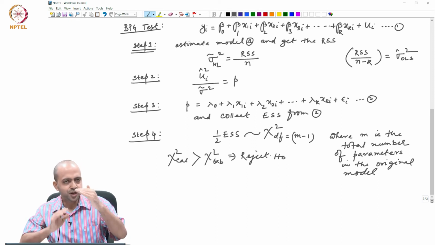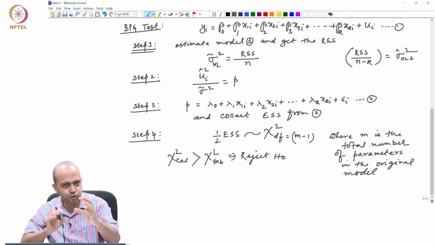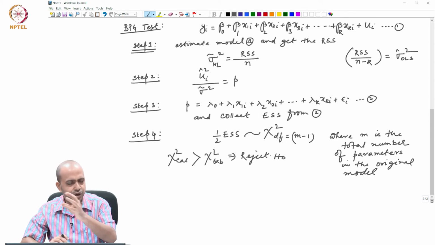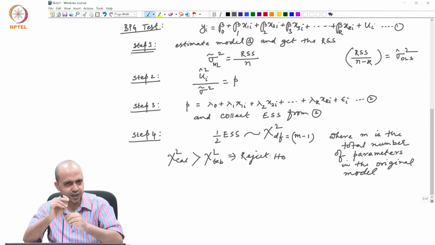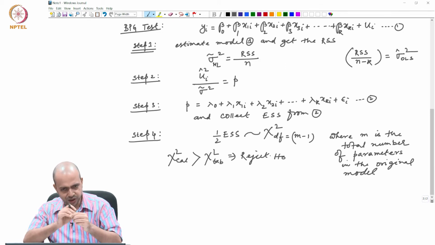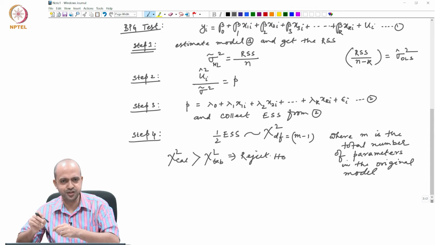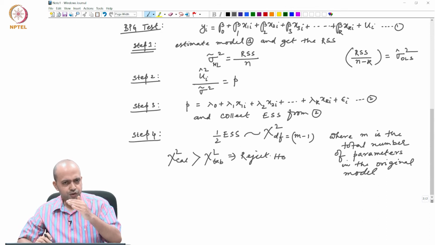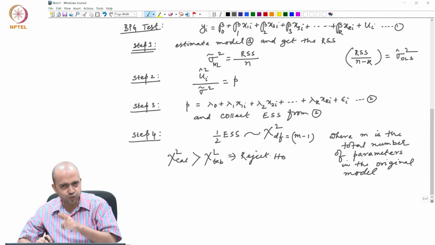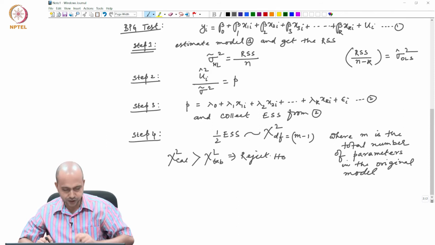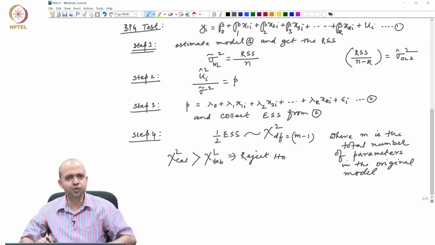That is why we divided the entire sample into two, one consisting of smaller values, another of higher values, and then took RSS2 by its degrees of freedom divided by RSS1 by its degrees of freedom. RSS2 by degrees of freedom is sigma 2 hat square, and RSS1 by its degrees of freedom is sigma 1 hat square. Same thing we are doing here.